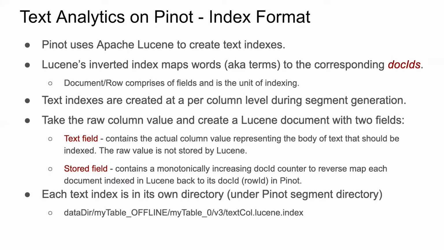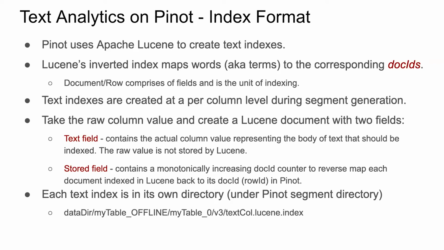Just like other storage and columnar data structures in Pinot, we create text indexes at a per column level during segment generation. So per column, per segment, we create text indexes. During segment generation, we take the raw column value on which the text index is enabled, and we create a Lucene document out of it comprising 2 fields. One is the text field, which has the textual value that is supposed to be indexed.